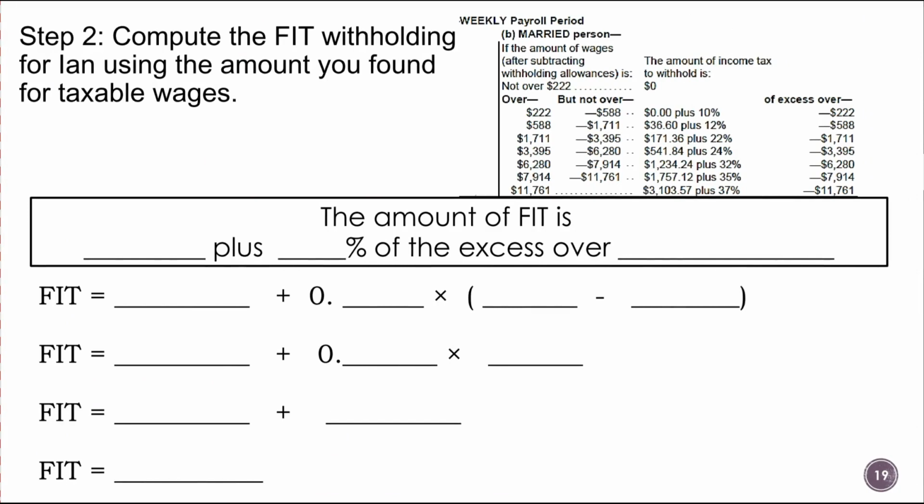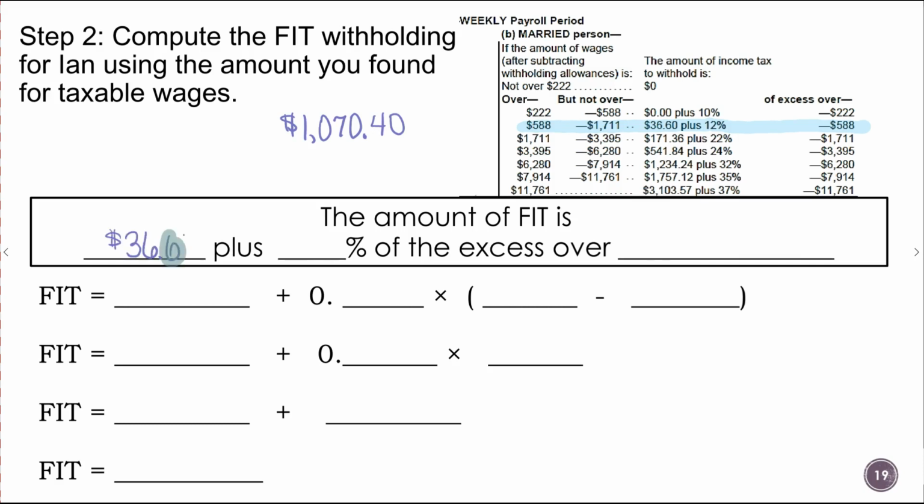So we're looking at where the taxable wages of $1,070.40 will fit on this. Where does it go in this chart? And you will see that that is between $588 and $1,711.